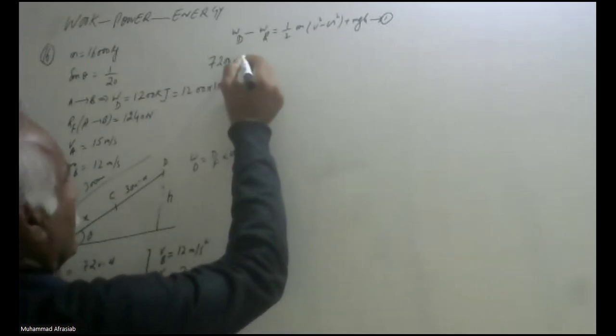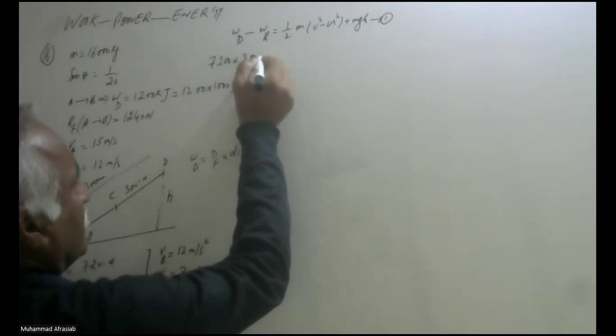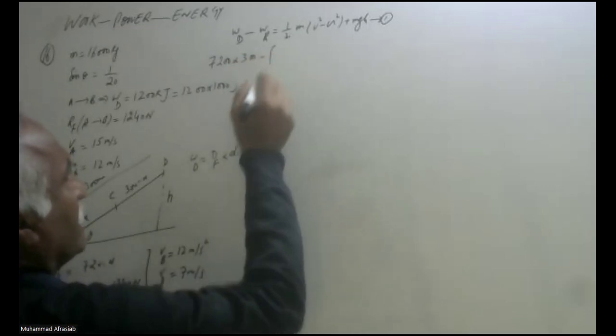So the work done by the driving force is equal to the driving force times the distance. The driving force here is 7,200 Newton, times the distance from B to D, which is 300, minus the work done due to the resistance, because there were two resistances.